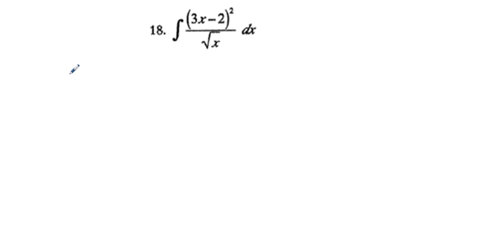So in the numerator we're going to have this 3x squared is 9x squared. And then we're going to have negative 2 times 3x, which is going to be, I believe, negative 6x.